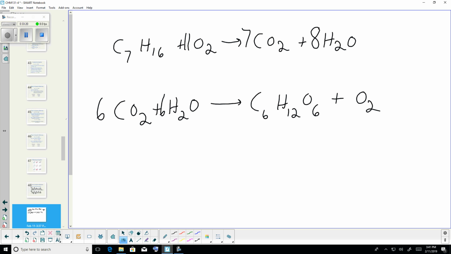I really don't want to change this because I'd have to change everything else. So I could take these 6 oxygen away from the 18. How many does that leave? 18 minus 6 is what? So can I put a number in there to give me 12? 6. There we go.